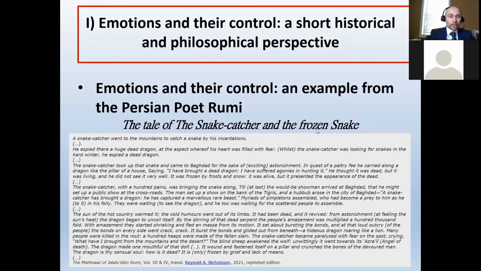So there was a snake catcher who lived in Iraq, and he went to the mountains to try to catch some snakes, and then he sees the head of a dragon. He is terrified, filled with fear. But then he sees that in fact the dragon doesn't move.